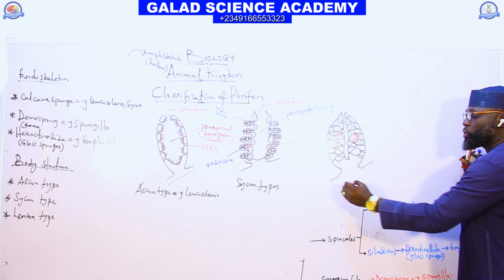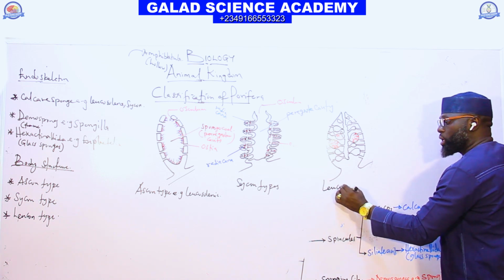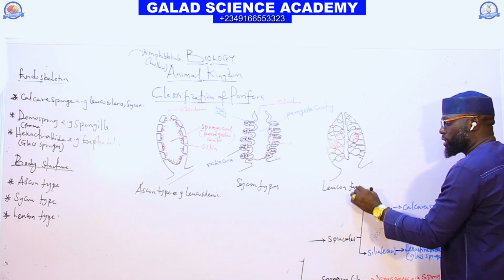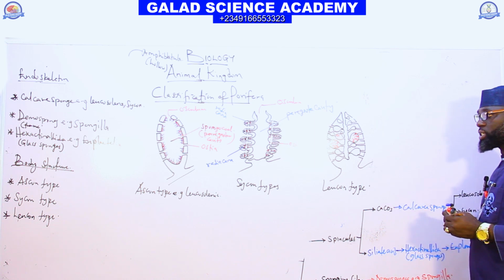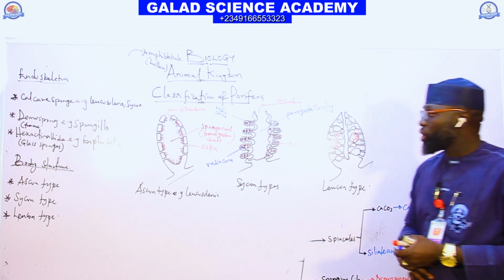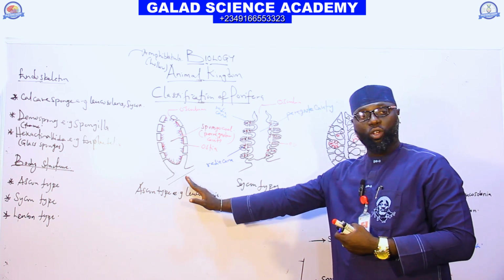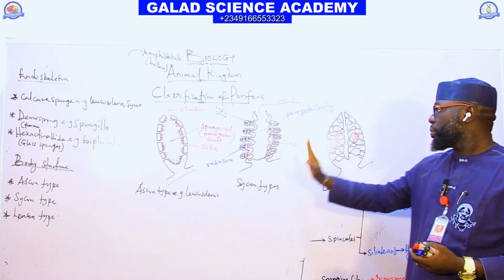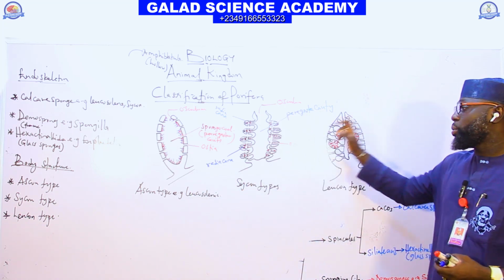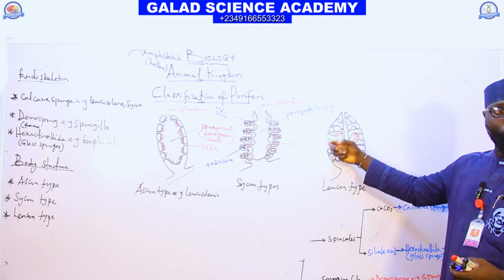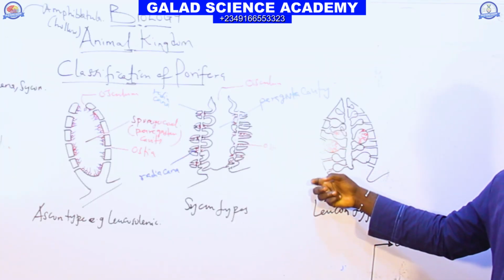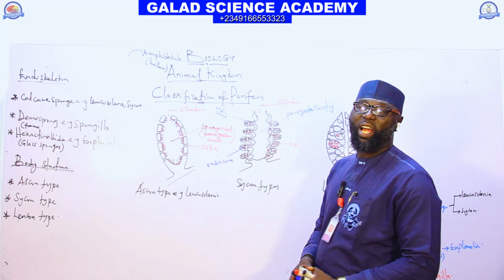So this is what we call Leucon type. You can see the body structure: simpler structure, complex, more complex. But the choanocyte can be found inside these chambers.